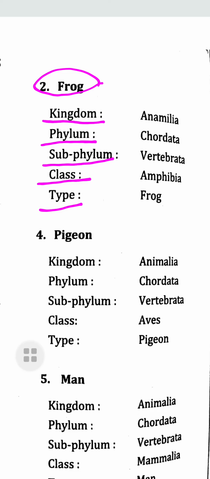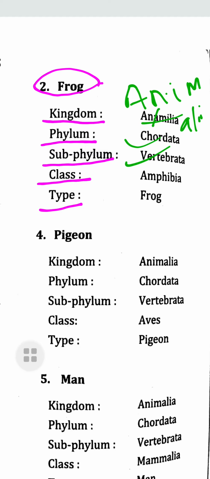What is the kingdom? Animalia, not anomaly. Here the letters are mismatched. So A-N-I-M-A-L-I-A. Animalia. And phylum Chordata, subphylum Vertebrata, class Amphibia, and type frog.